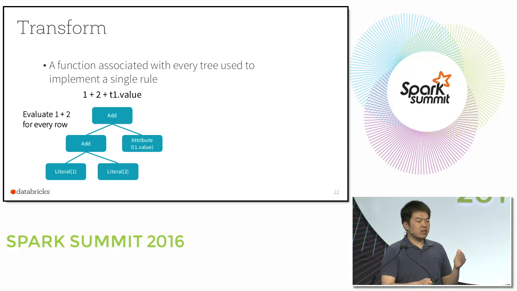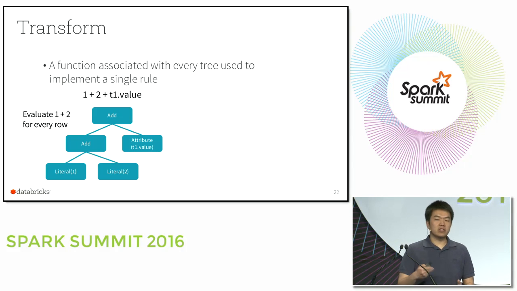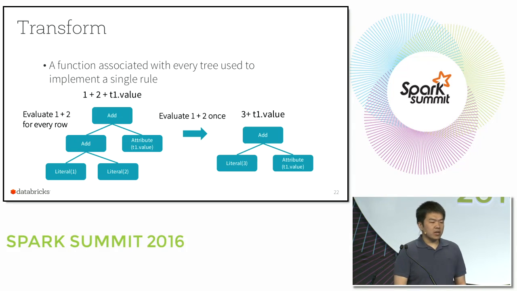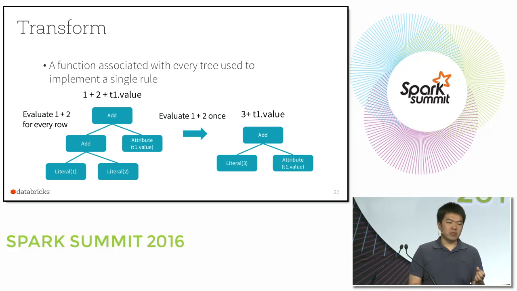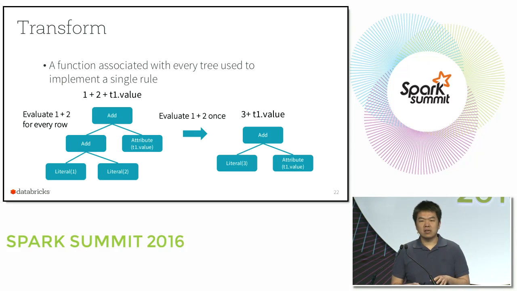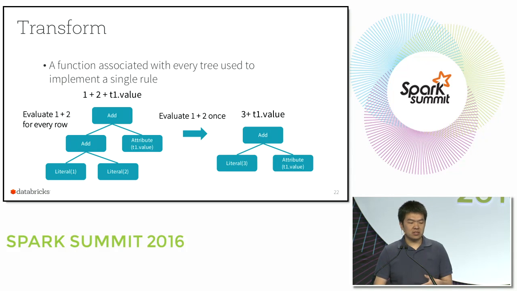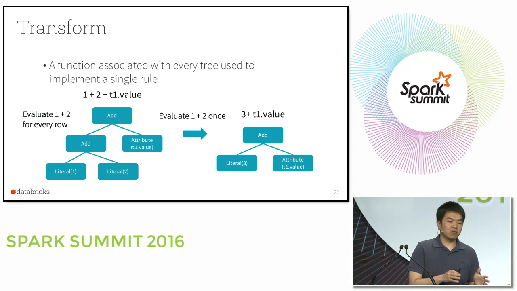So instead of evaluating 1 plus 2 for every input row, how about we just evaluate it once at compilation time? Then at runtime, I don't need to bother about it. So we can use transform to implement a rule to evaluate 1 plus 2 before the execution. And after this transformation, we get 3 plus t1.value.